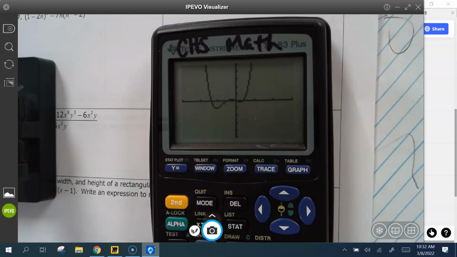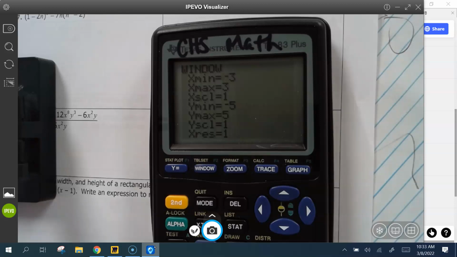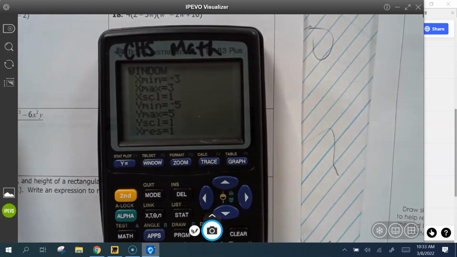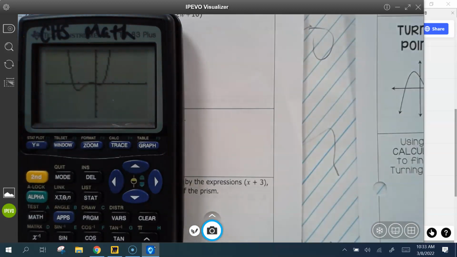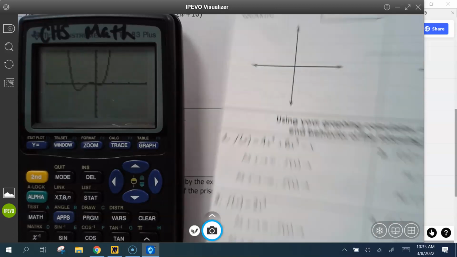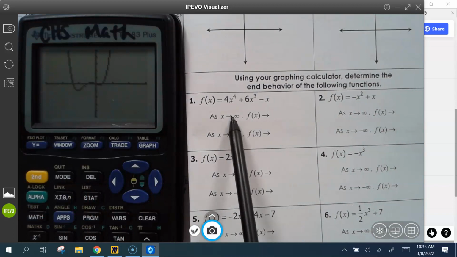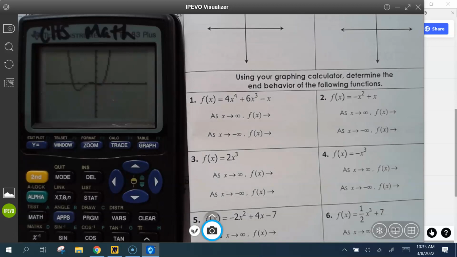Now, I don't have to know any of that for this question. This question just said, use the graph to determine the end behavior. I changed my window a little bit. As x approaches positive infinity, looking at this graph, what side of the graph is that telling me to look at?